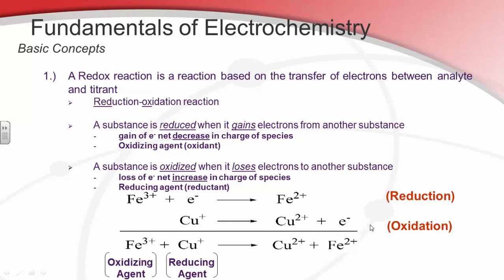It is oxidized. Overall, the electrons cancel, and we have iron 3 plus reacting with copper plus to form copper 2 plus and iron 2 plus. So iron is the oxidizing agent, copper is the reducing agent.